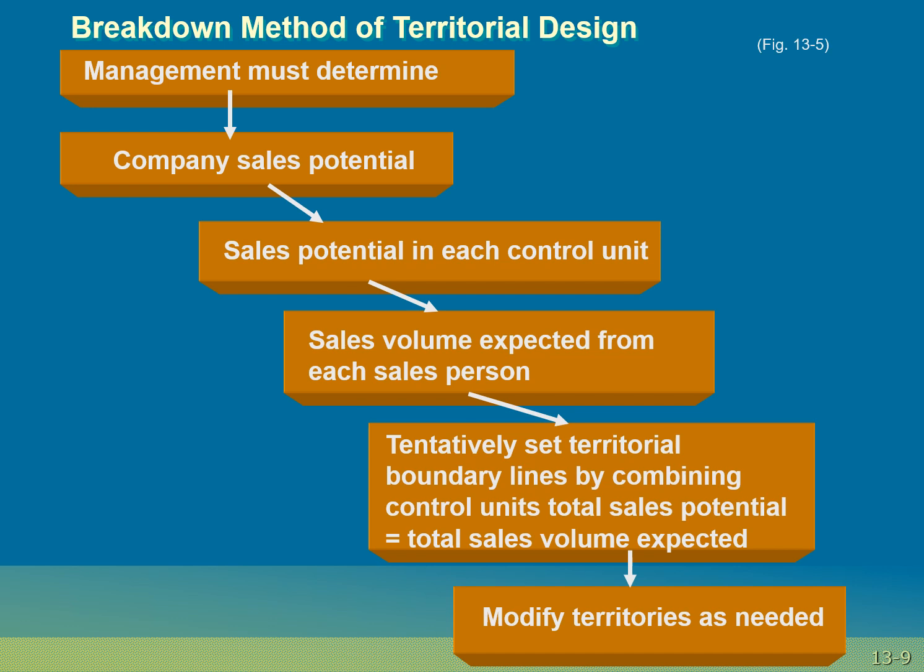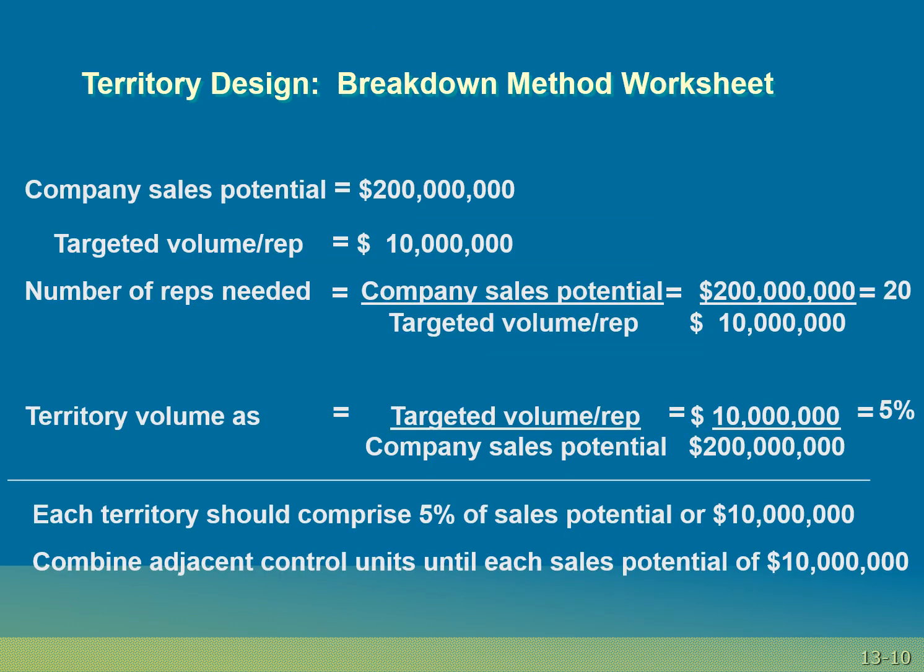And what sales volume can you expect from each salesperson? How much do you think this person will generate? Then tentatively you set territorial boundary lines by combining control units so that total sales potential equals the total sales volume expected, and then you modify the territories if you need to. That's the breakdown method.